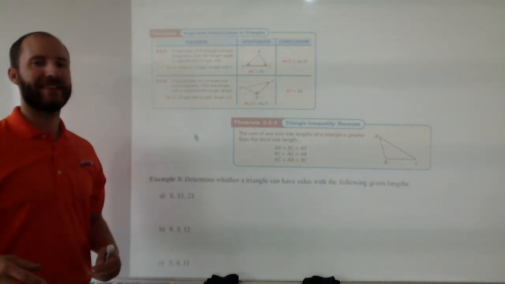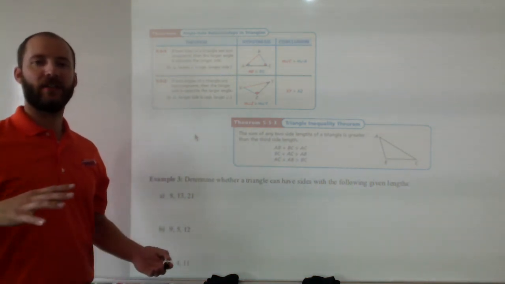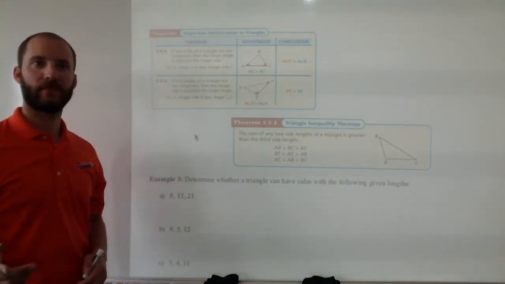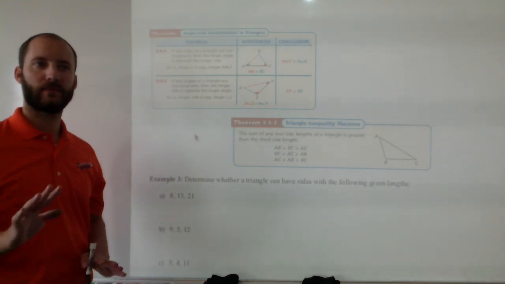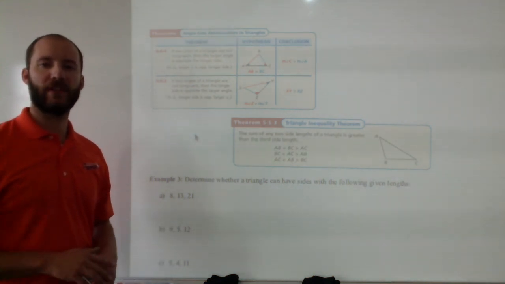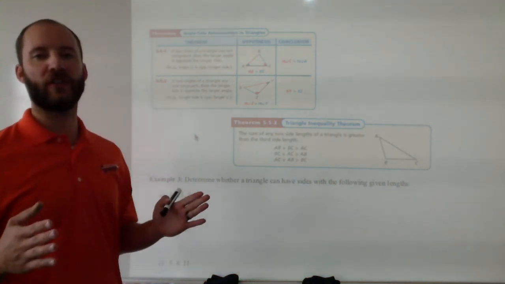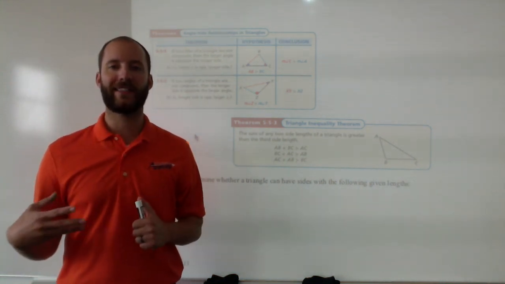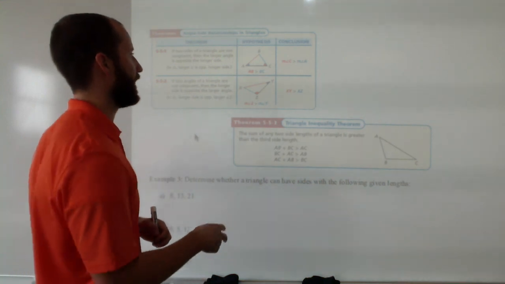So looking at the angles and the sides and how they relate to each other. Now I spoke in a previous video about how the larger the side of a triangle, the larger the opposite angle. So now let's compare multiple sides or multiple angles.